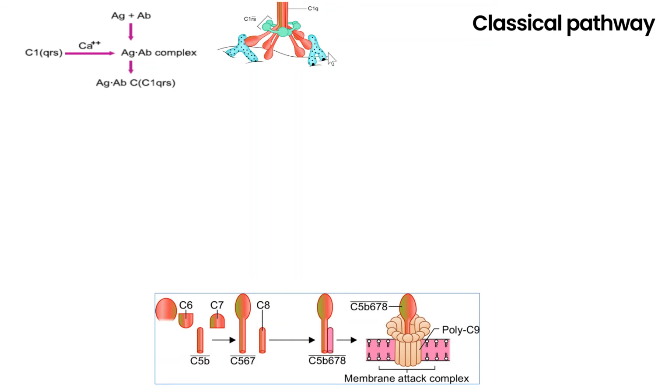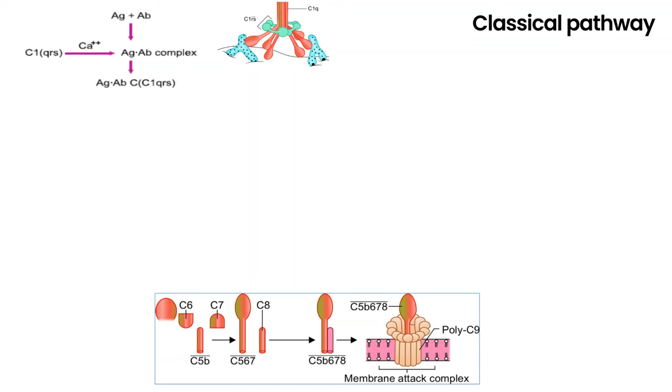That's why you require a minimum of 2 molecules to start it. On the other hand, IgM is a pentamer, so it has 5 such monomeric molecules, so it has 5 binding sites, and that's why IgM is more efficient in fixing or activating complement compared to IgG.